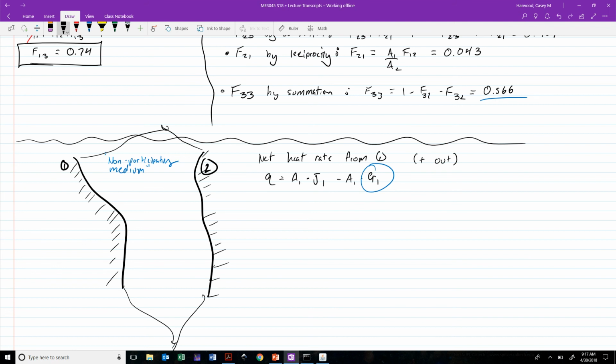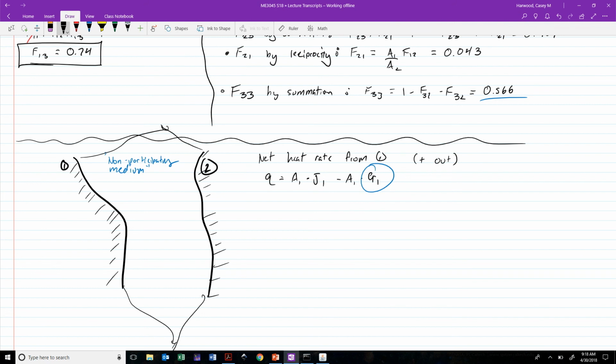The idea is that they are so close to parallel, or that they're relatively large compared to the gap between them, that you're pretty justified in saying that 100% of the energy radiated from one hits the other. In other words, any energy that leaves surface 1 has to hit surface 2, and all of the energy into surface 2 has to come from surface 1.